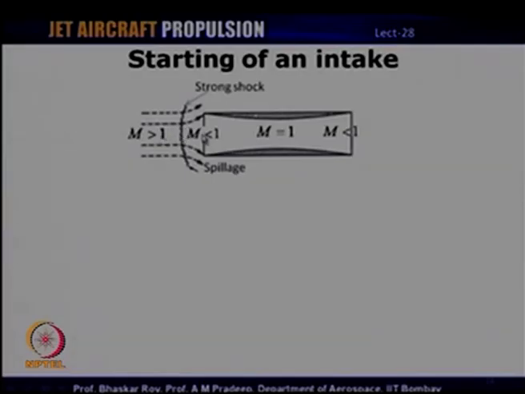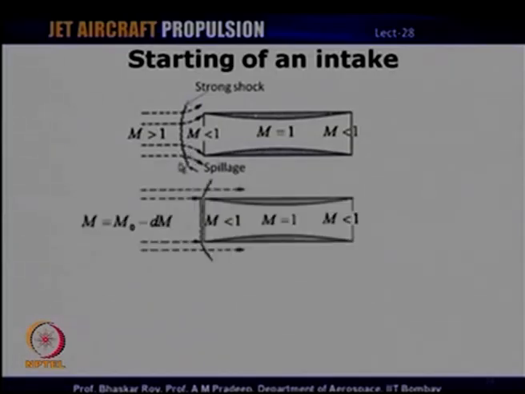There are two problems. One is that there is a strong shock ahead of the intake, which means the stagnation pressure losses are substantial. The other problem is that there is substantial spillage, leading to external drag as well. So, one would not want to operate the intake with a strong shock ahead of it.